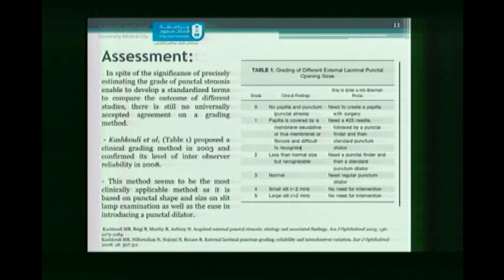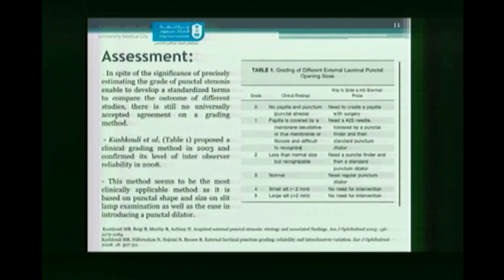So Kashkouli and his team in 2003 proposed a grading system that is still the most clinically acceptable nowadays for assessment of punctal size. His team did another study in 2008 to confirm the inter-observer reliability, and they found their results consistent as well. So let me go through this quickly with you.